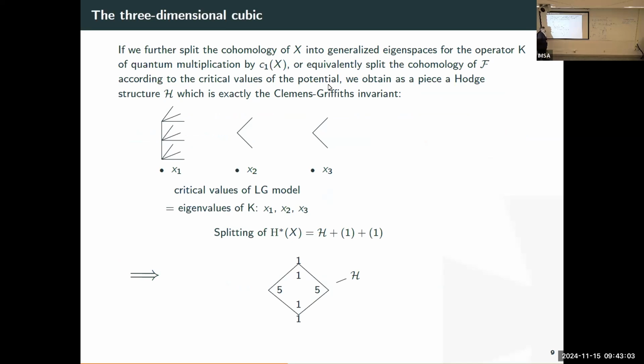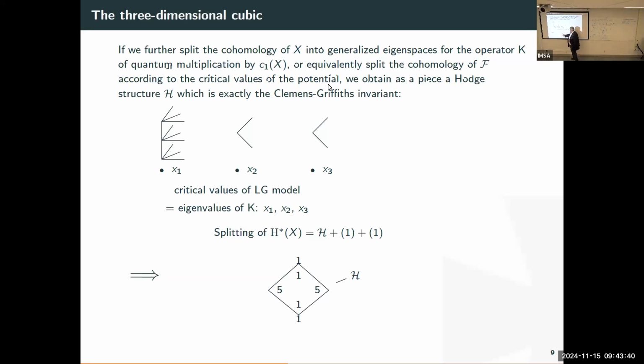And so what we want to do is to remember the following, that we have 3 singular fibers, and so you have splitting of the Hodge diamond of your 3-dimensional cubic in 3 pieces.